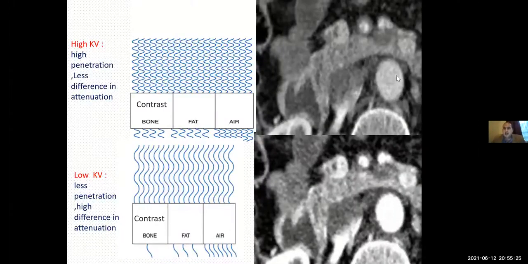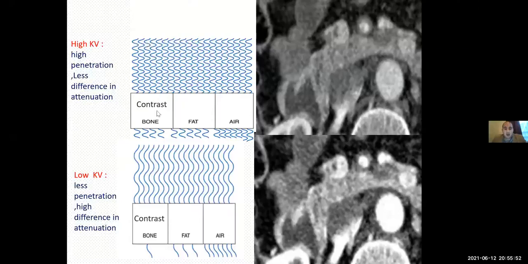You have to know very well that we use low kV for cases of angiography and contrast. 80 kV or 100 kV is more effective to get an image with higher contrast than higher kV, for many reasons.